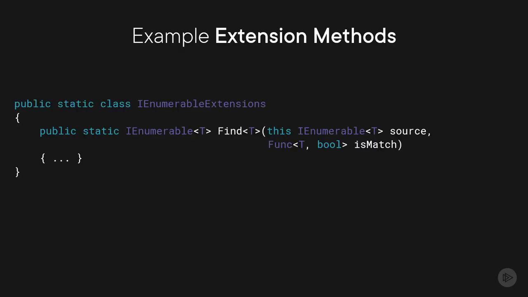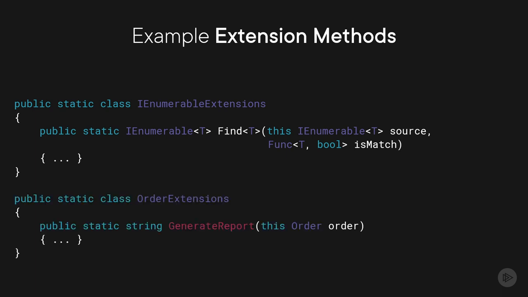We saw this being used on an IEnumerable, but also on the order. Obviously, the order is a part of our solution, so you have to imagine that it's not. This could be coming from a shared domain library that was retrieved through the company NuGet server.